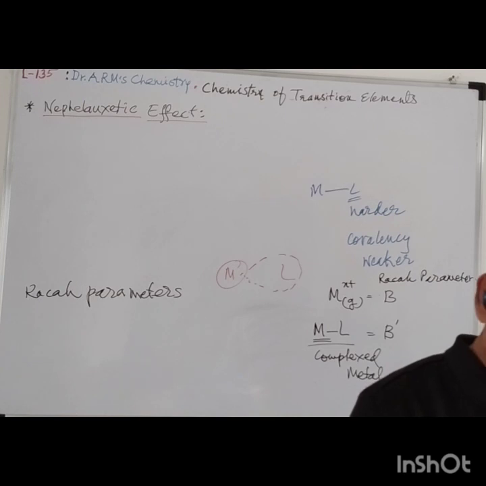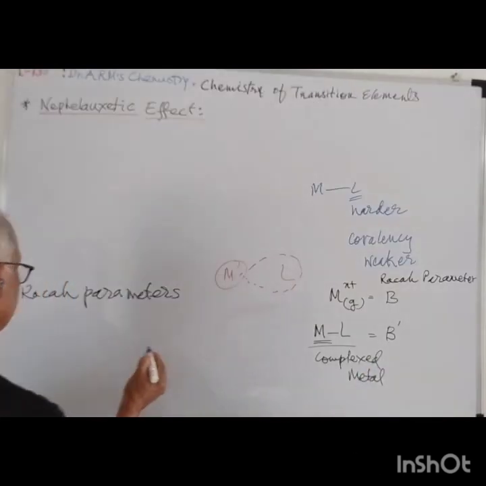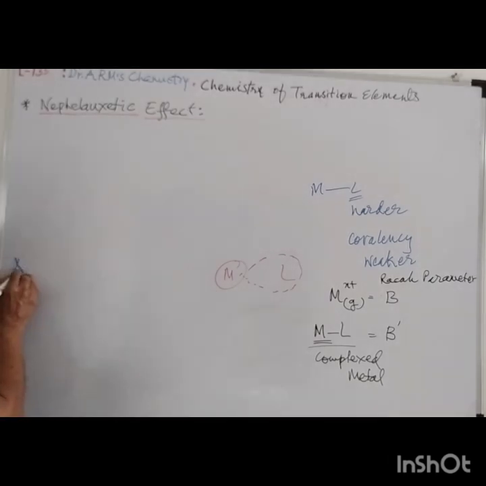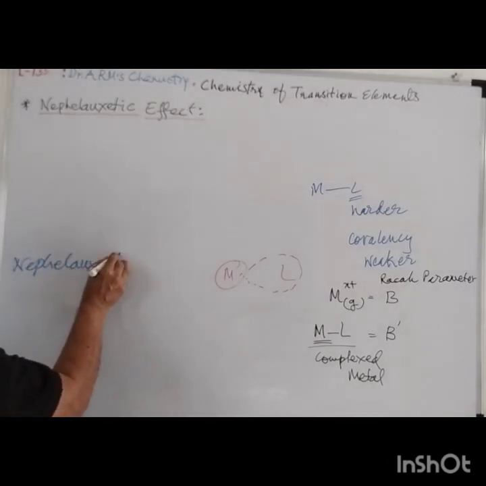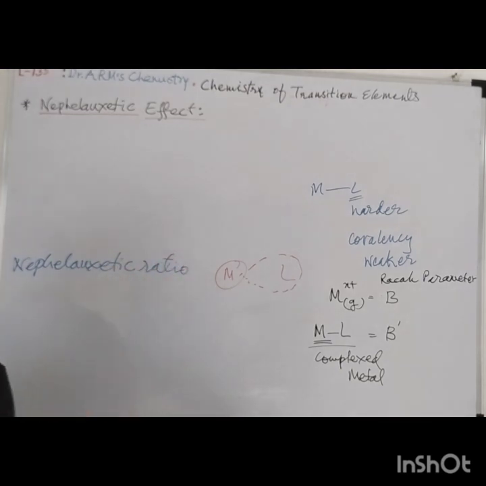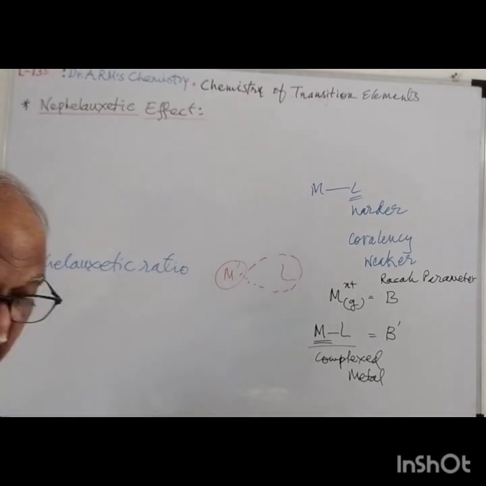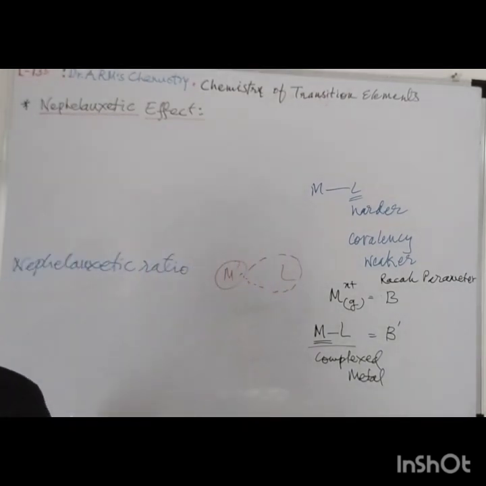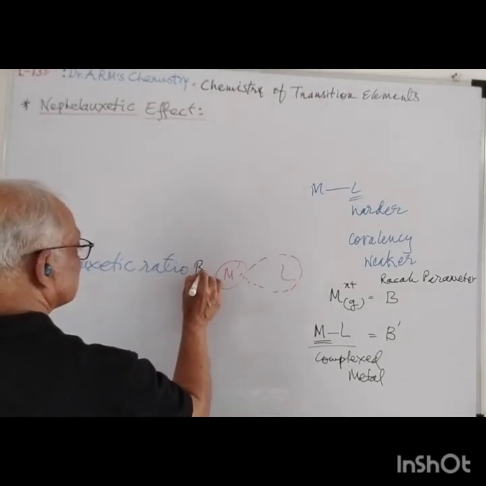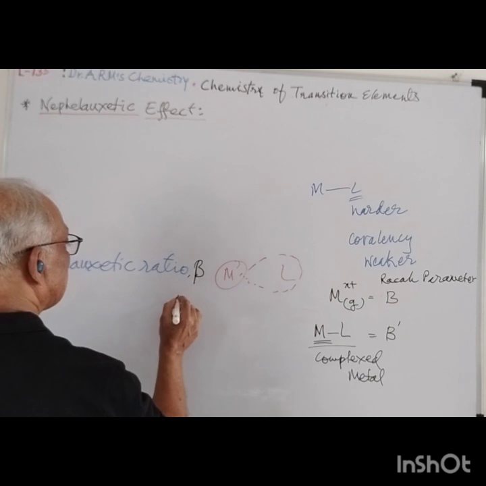The Nephelauxetic ratio is denoted as beta.